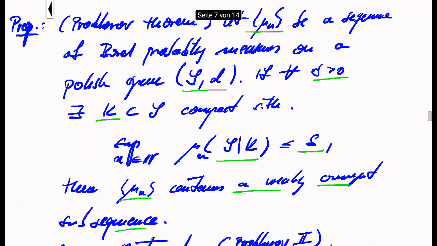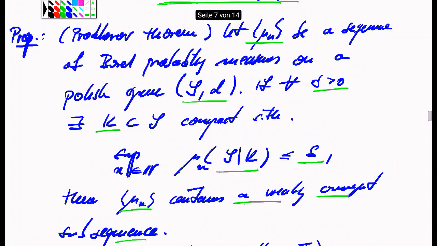So let me say it again in slightly other words. Suppose you have a sequence of probability measures on a Polish space, and suppose that for arbitrary tolerance level delta, you find a certain compact subset of this topological space, such that all these measures mu n are effectively concentrated on this compact set, up to error delta.